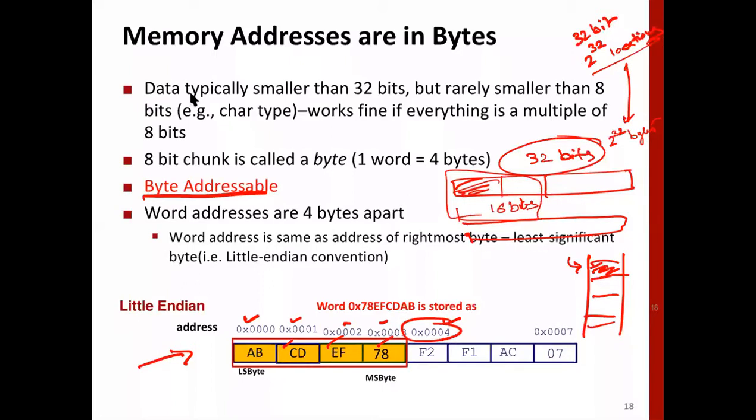Now it is little endian, as we have seen, and this is the word: 78EFCDAB. What is the LSB here? The least significant byte, AB. So AB will come at the lowest address, 0000. CD will come next, EF after that, and so on.